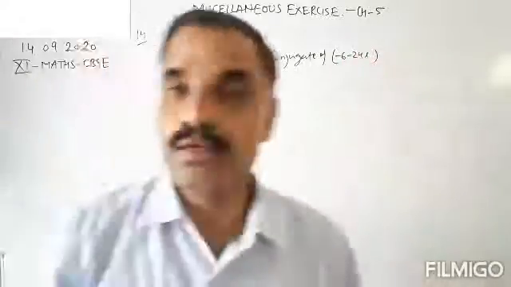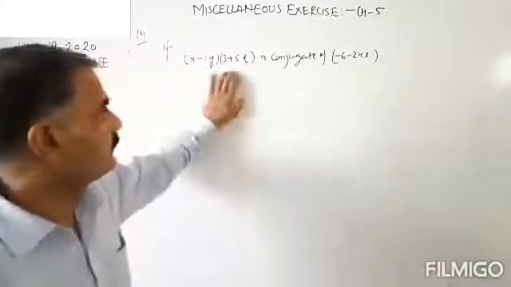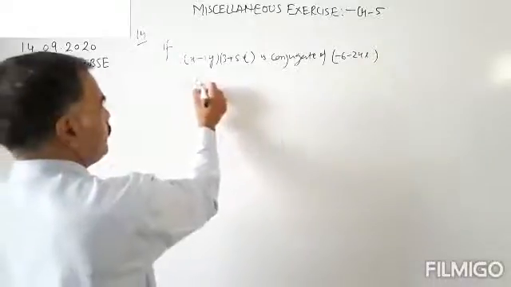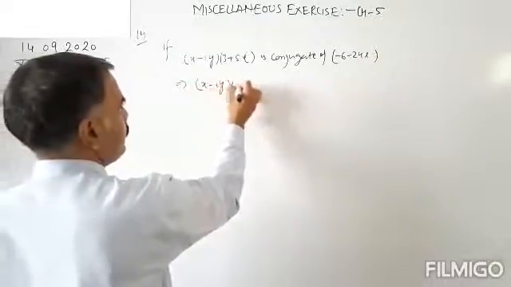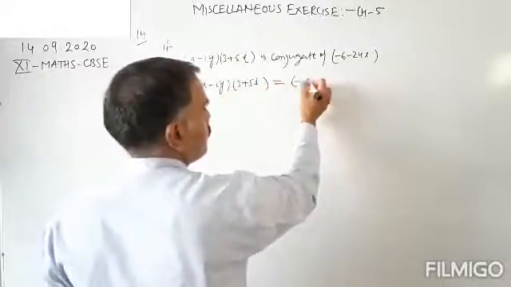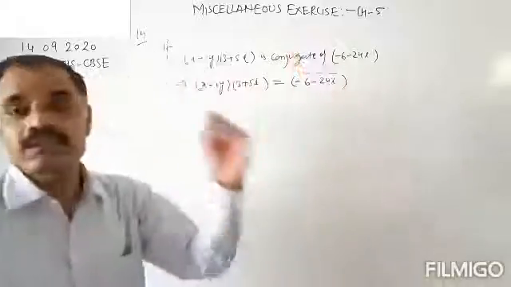Okay, we have to find the values of x and y if this multiplication is the conjugate of this. So (x minus iota y) multiplying (3 plus 5 iota) is the conjugate of minus 6 minus 24 iota. Okay, this is given.